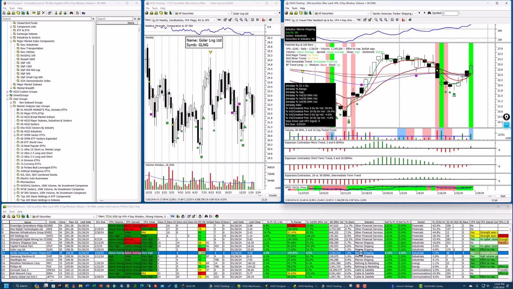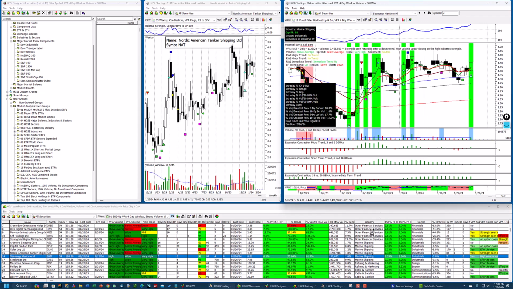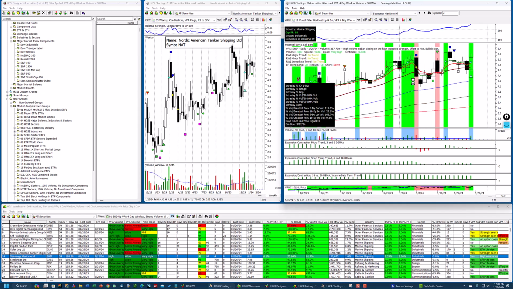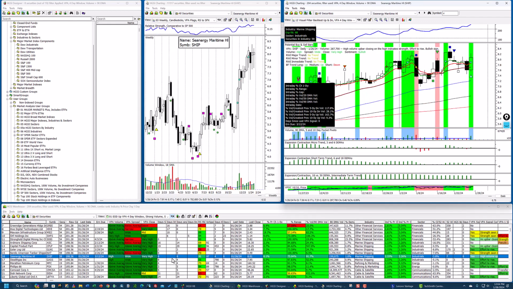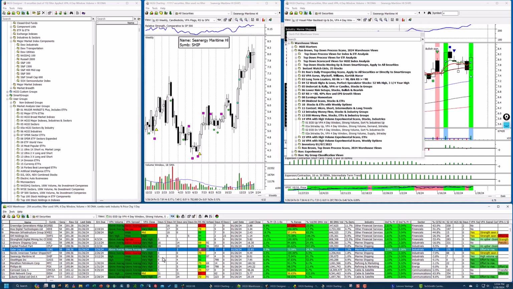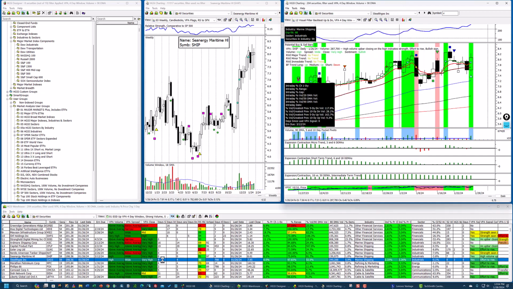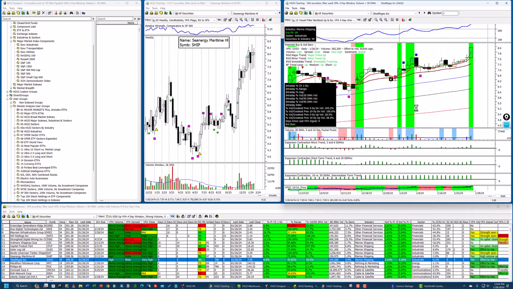Here's another. Here's another. And another. Now, some of these look a lot better than others. And by the way, you can look over here in these columns and see how fresh the signals are or how old the signals are. Here's Stealth Gas. It's 10 days ago was the crossover signal.